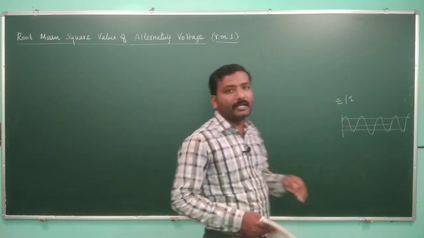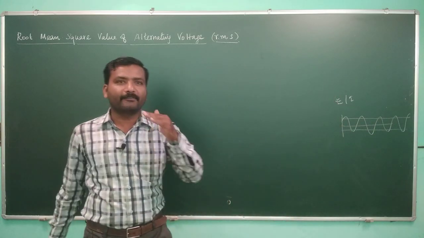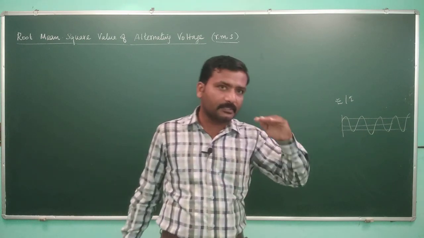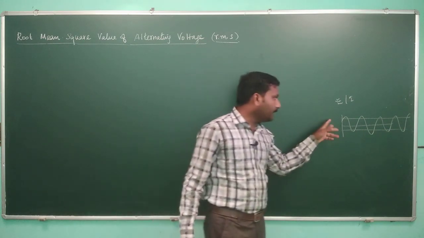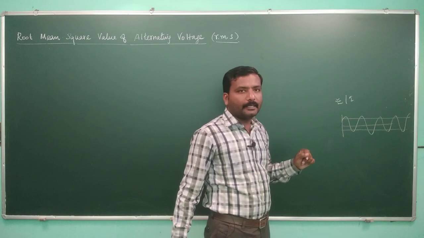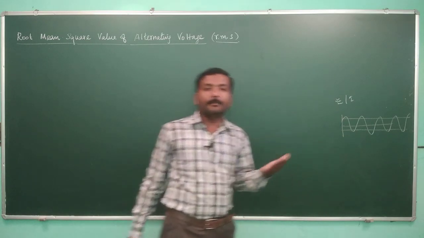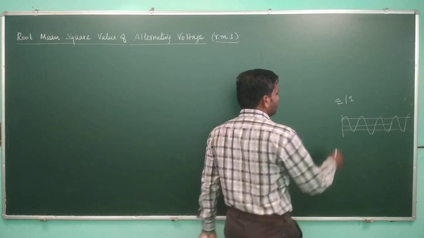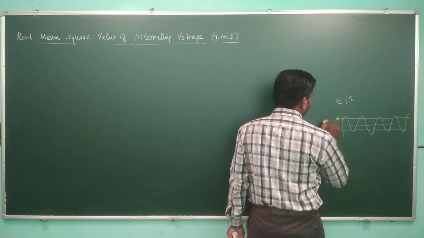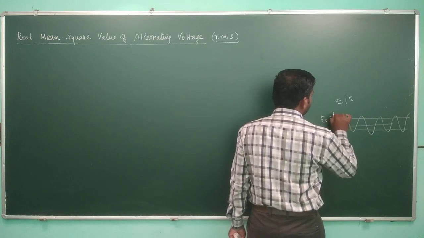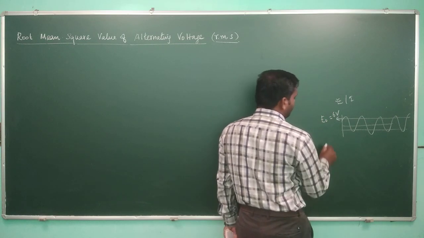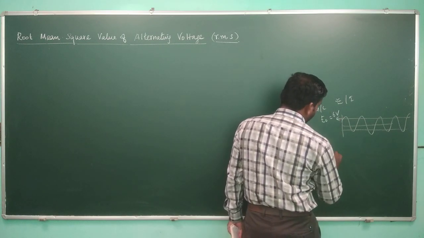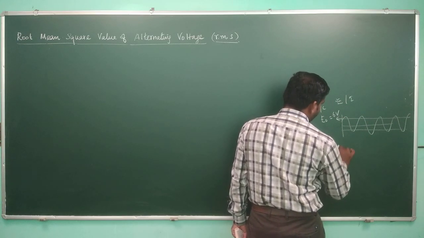This effective value makes the effect equal, right? If you apply an EMF to a particular bulb, for example, let's say this effective value E0 is some 6 volt for AC, and we have a DC for which E is equal to 6 volt.